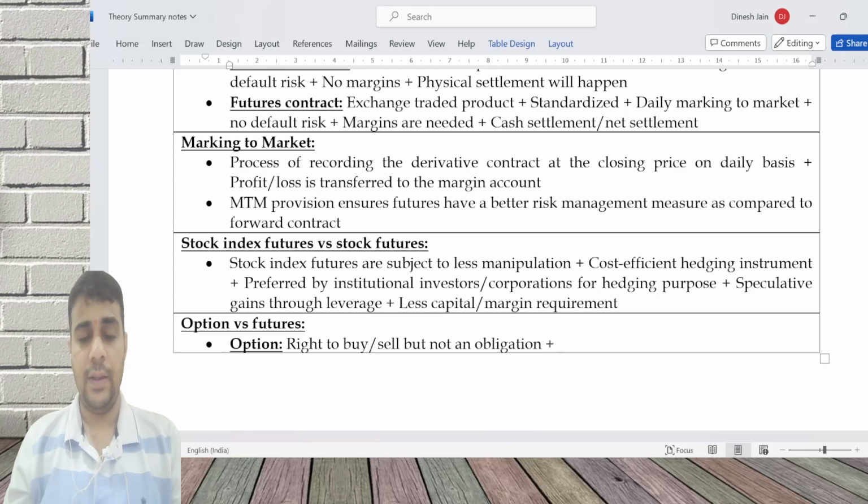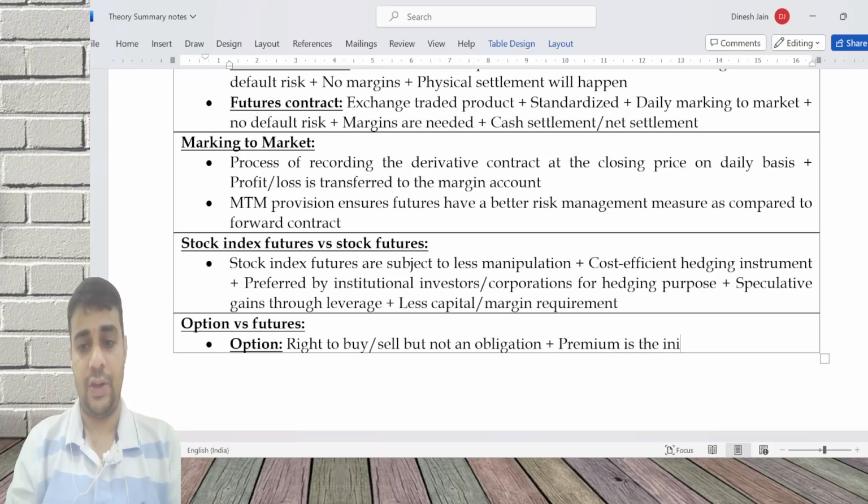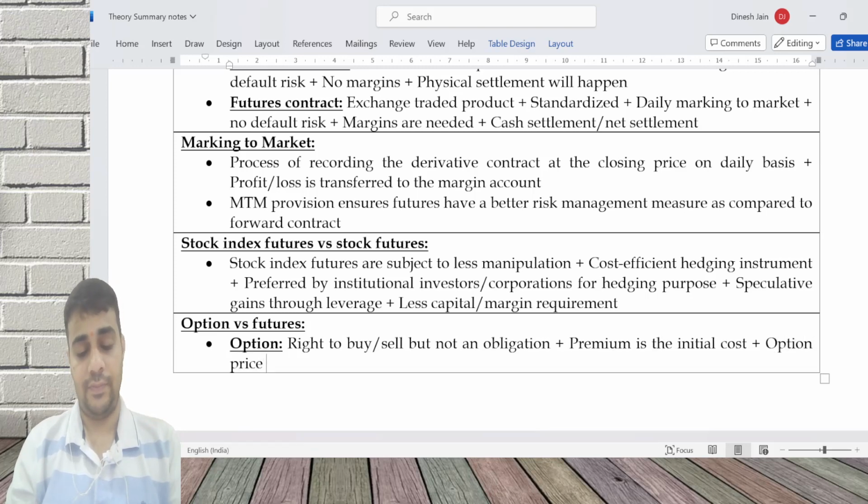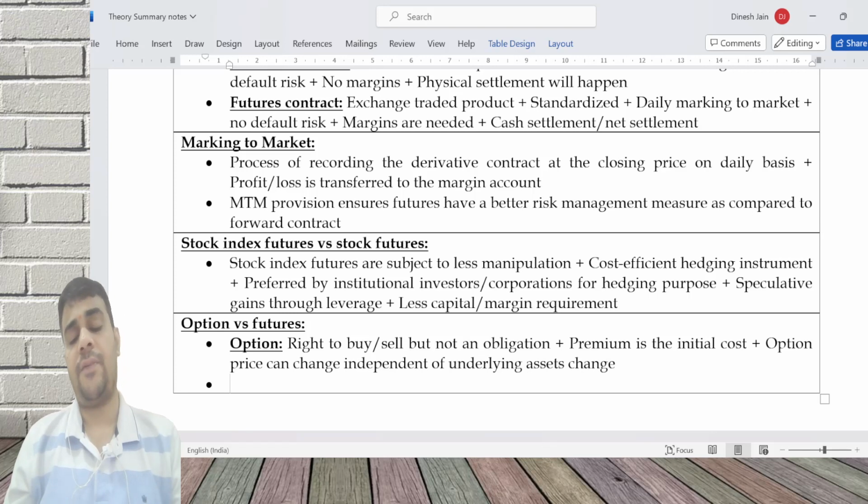You get a right to buy, but there's no obligation which comes in case of an option contract. Premium is the initial cost. Option price can change independent of, you will see this in the next question, independent of underlying asset change.